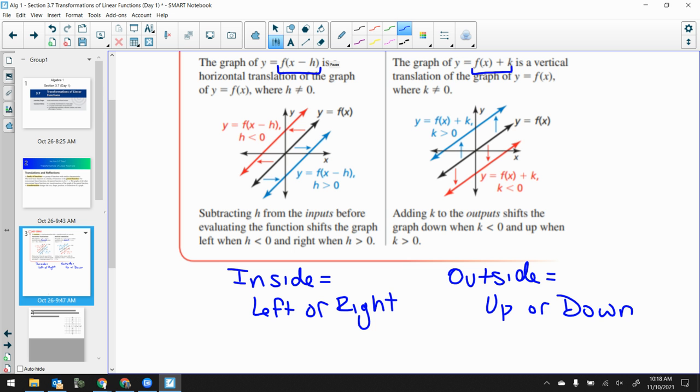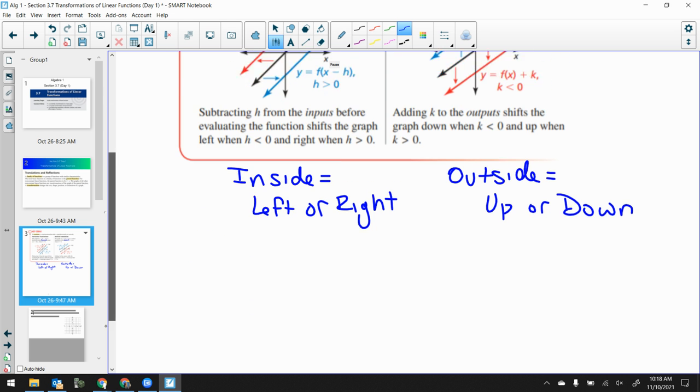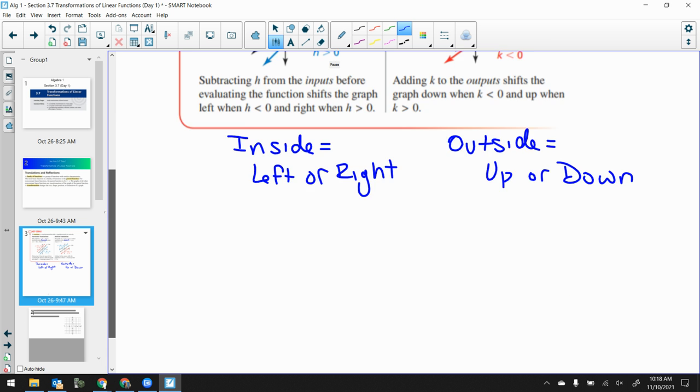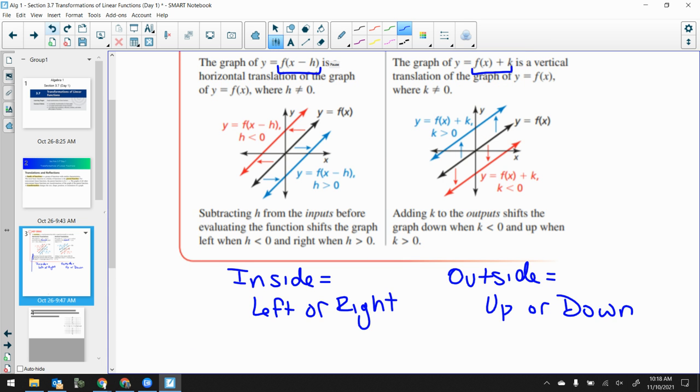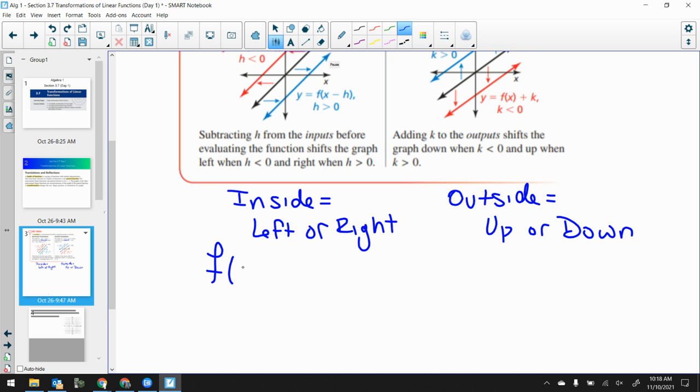Now, if I were to put it inside parentheses, that's left or right. Left and right is really weird because I have to actually take the opposite. Like if I have f of x minus 7, because it's inside parentheses, you would say, okay, this has got to be left or right. What does your intuition say about minus 7? What do you think should happen with a minus 7? Left 7.